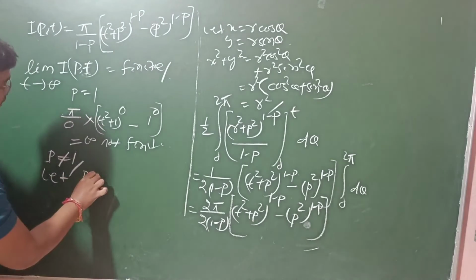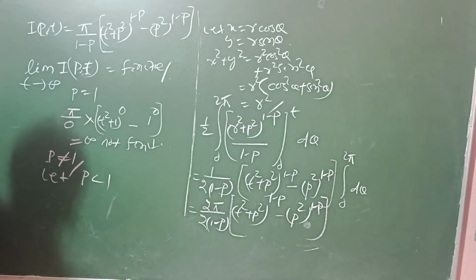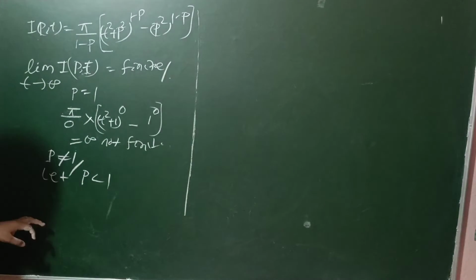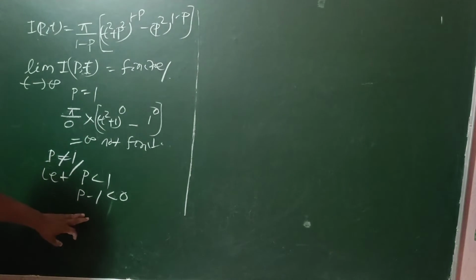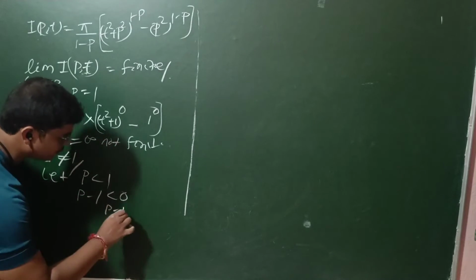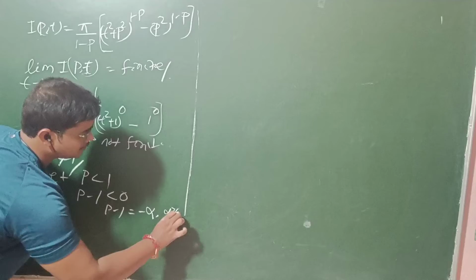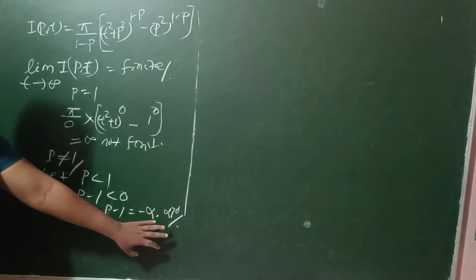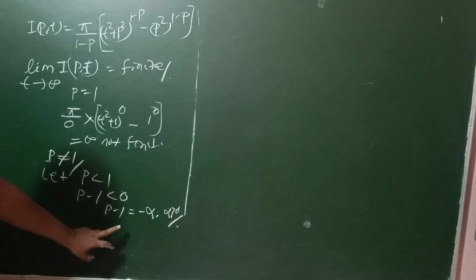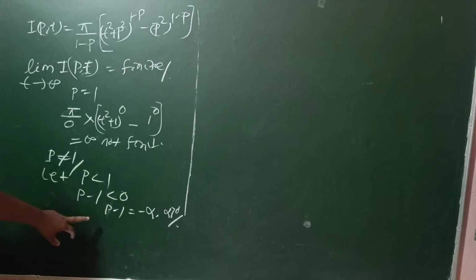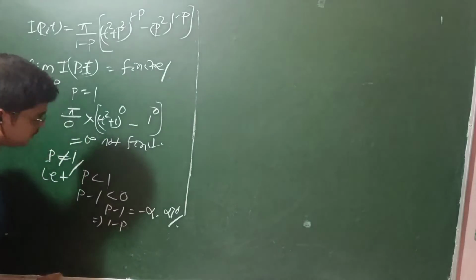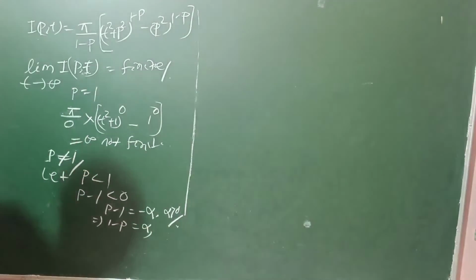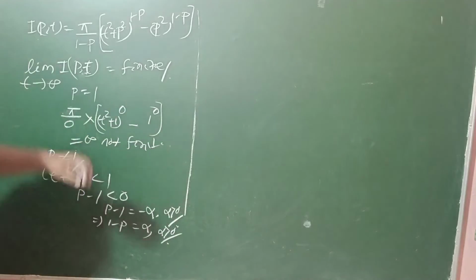Now let p less than 1. If p less than 1, then p minus 1 less than 0. That means we can take p minus 1 equal to minus alpha and alpha greater than 0. That implies 1 minus p equal to alpha, where alpha is greater than 0.